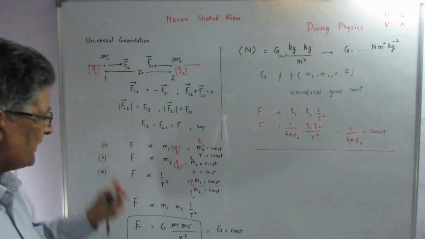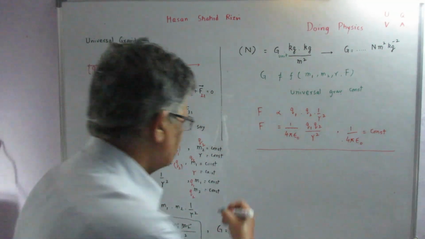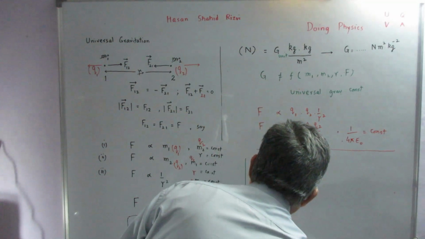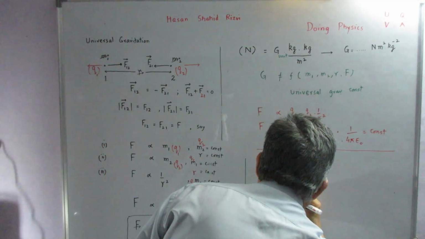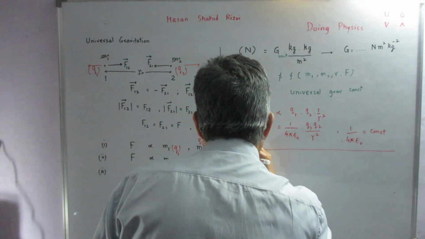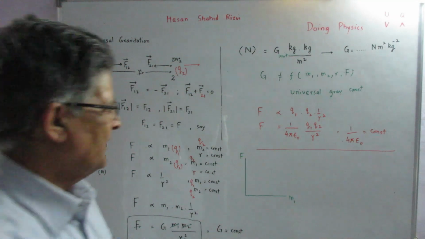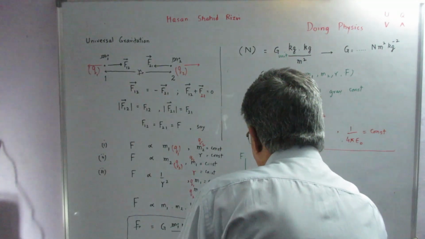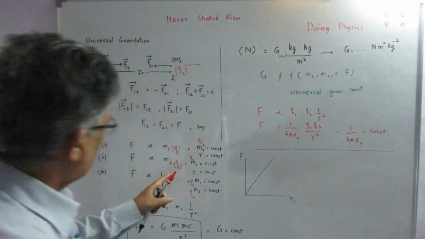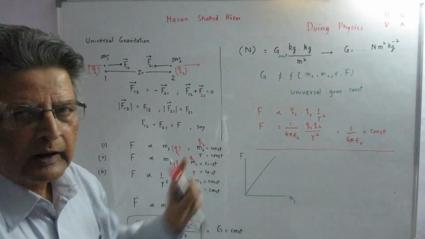Now let us try to understand this whole thing. In the first instance I said that F is proportional to M1. So I'll write here that let there be M1 and let there be the force that we obtain. Graphically, because this one is directly proportional to M1, I have to get a line.